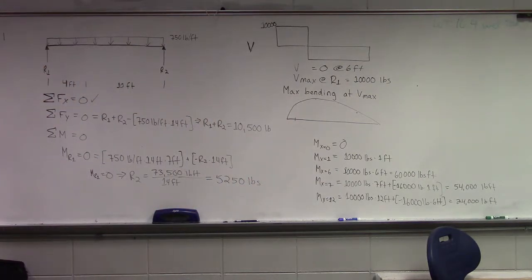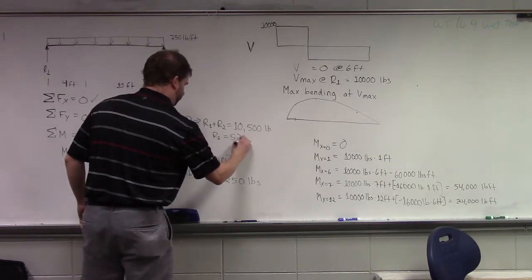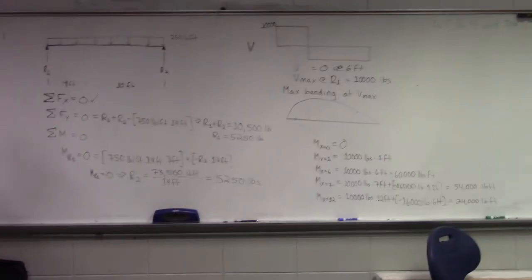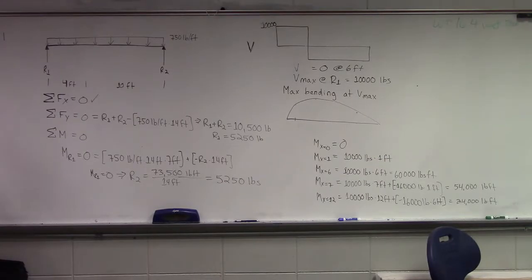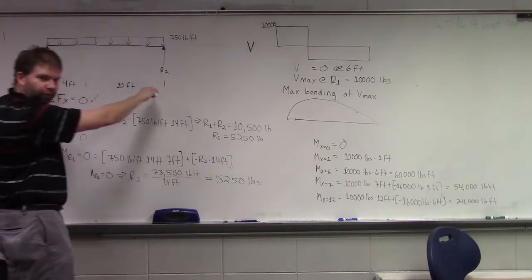So R1 would be positive, yeah, it's going up, and R2 would be negative. No, they should both be positive, right? Yeah, because they want to resist the load.